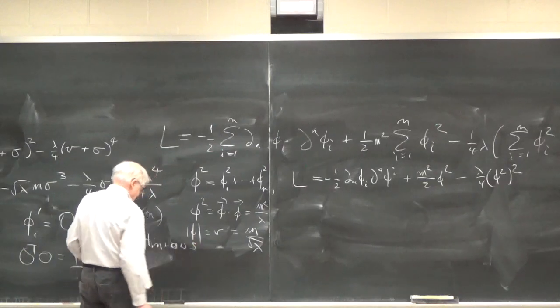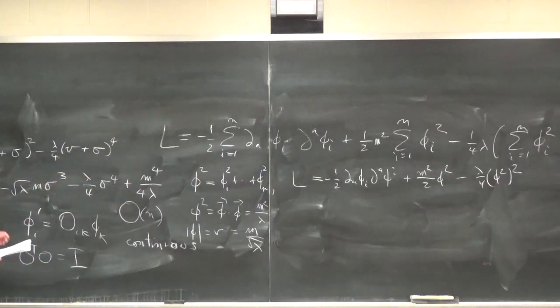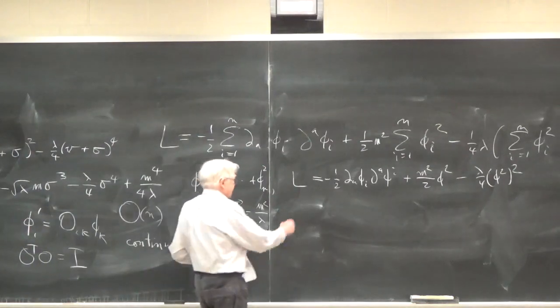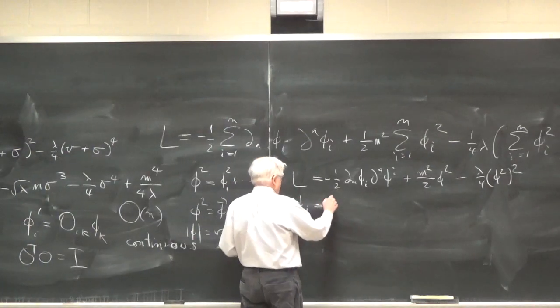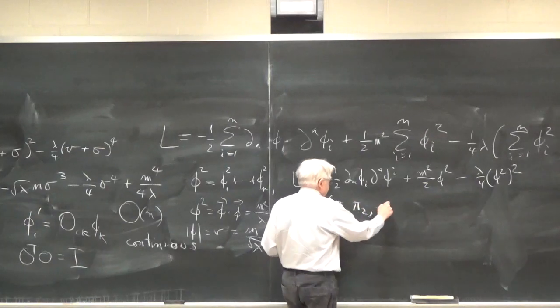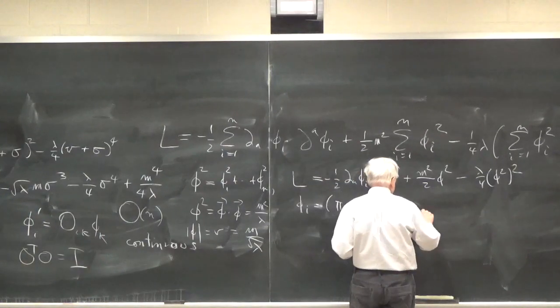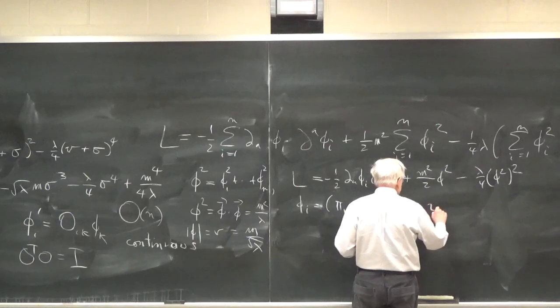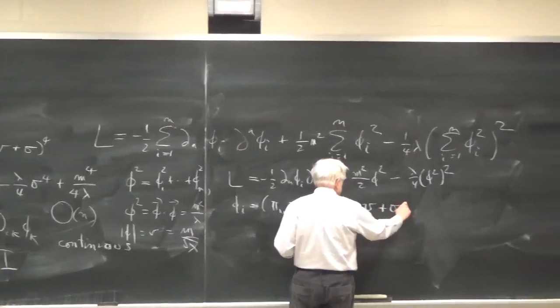What people typically do is write phi i this way as pi 1, pi 2, dot, dot, dot, pi n minus 1, comma, v plus sigma.